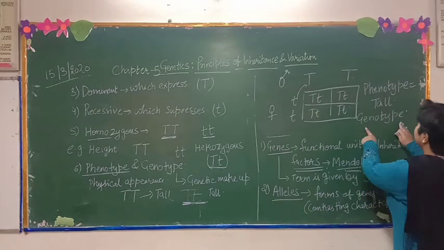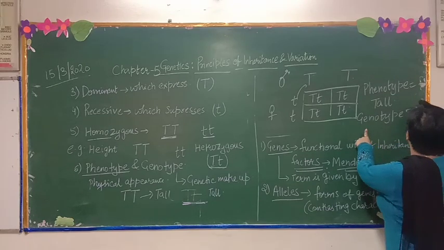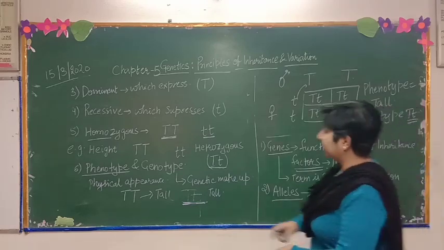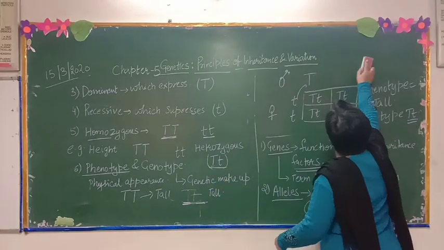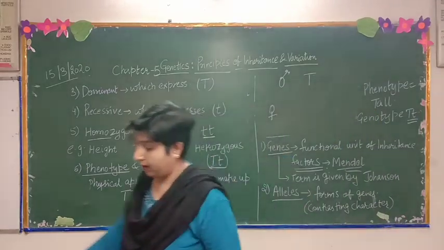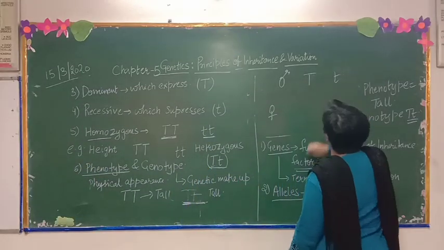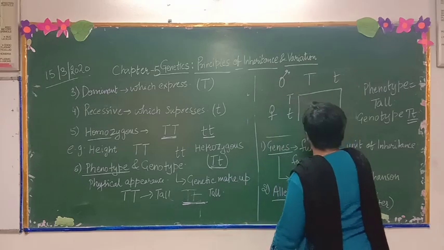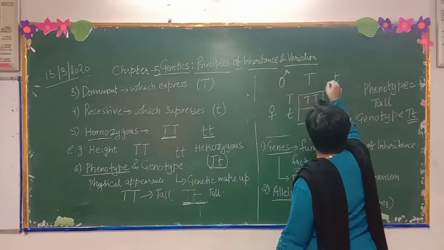Here the genotype is different. Now I will take another example in which I will explain that they are different. Say in place of this, I will take two genes, one capital and the other small. In the same way here, one is capital and the other is small. And I'm going to cross them, and I'll get a result like this.